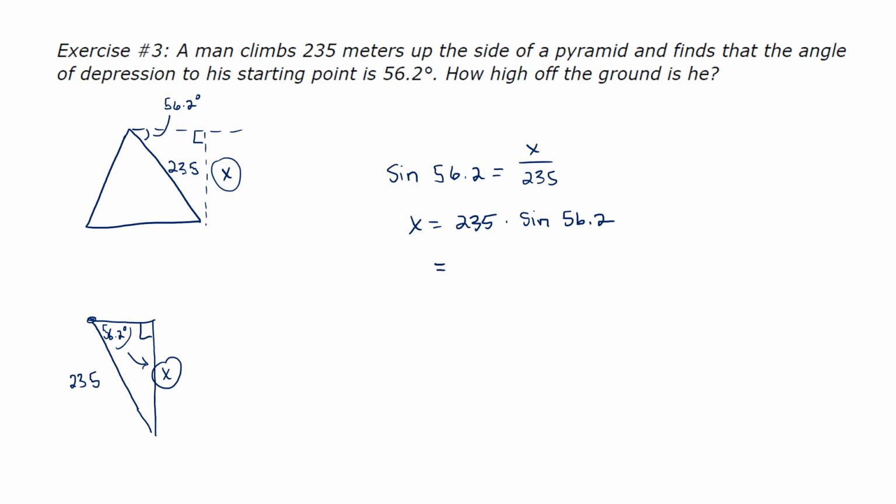So when we enter that in our calculator, we'll get 195.2813503. Our values in our problem are represented as 3 significant digits. So we are going to give our answer in 3 significant digits, which would be 195, adding our units, meters.